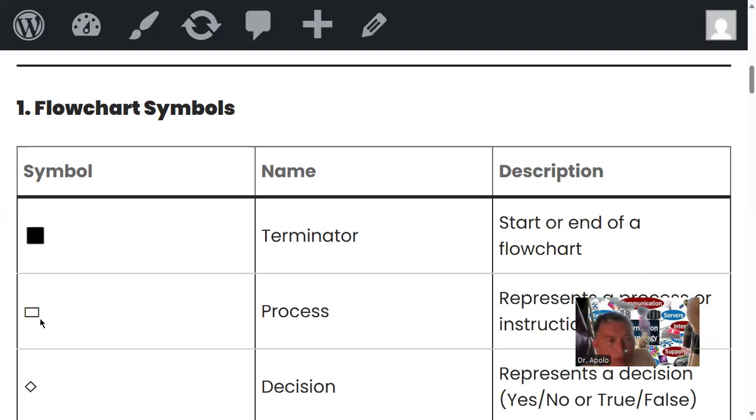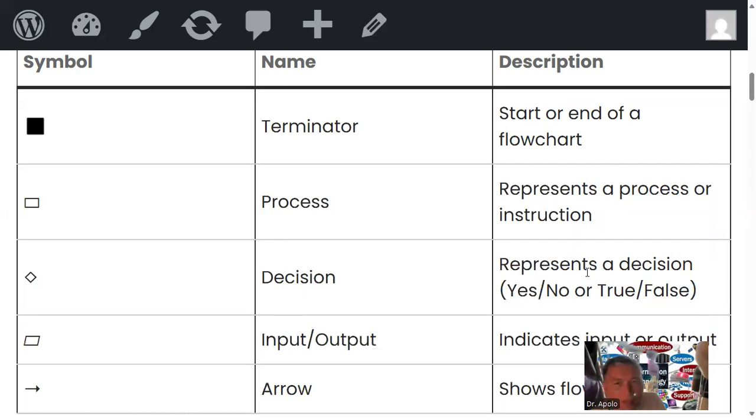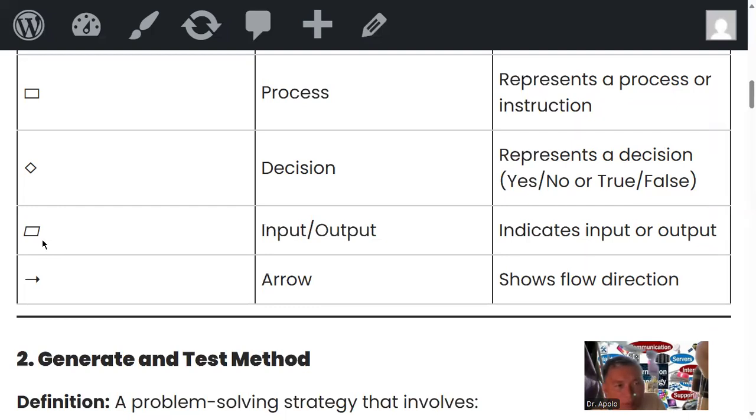The rectangle represents a process or instruction. The diamond represents a decision: yes or no, true or false. The parallelogram indicates input or output. The arrow shows directions.